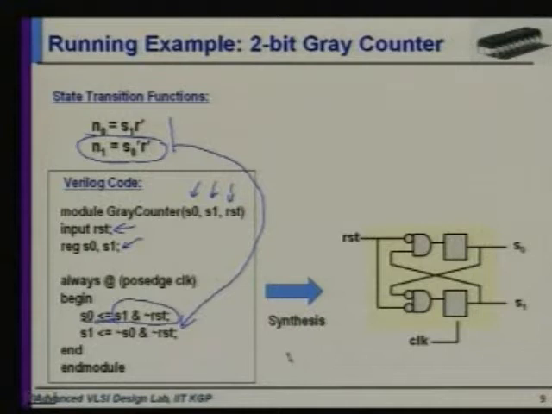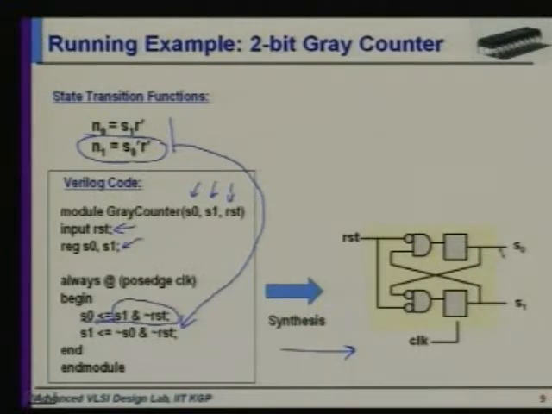Now the tool, the design compiler, is going to take this code and actually give you the circuit. That is the step of synthesis. It synthesizes this circuit and implements it with 2 flops and 2 gates, and you can see that it is implementing the same logic.